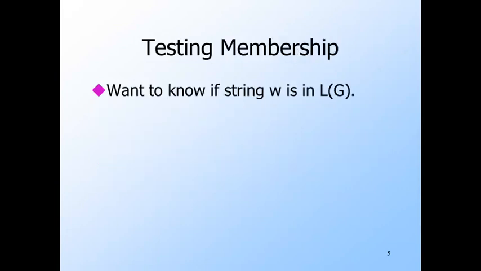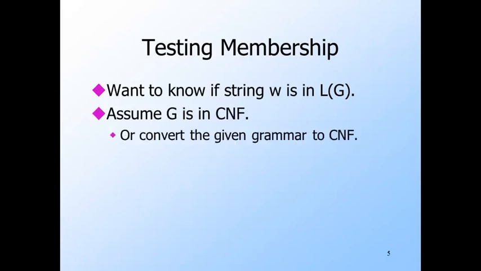The membership test for DFAs was really simple. We just simulate the DFA on the string. We can also test whether a terminal string W is generated by a grammar G, but the test is remarkably hard by comparison. We'll assume G is a grammar in Chomsky normal form. If not, we know how to convert the given grammar to CNF, so let's do that as the first step.